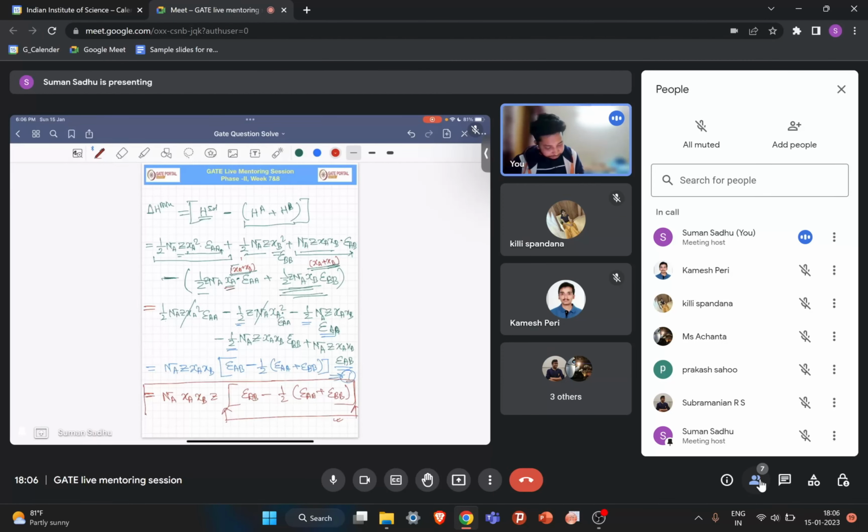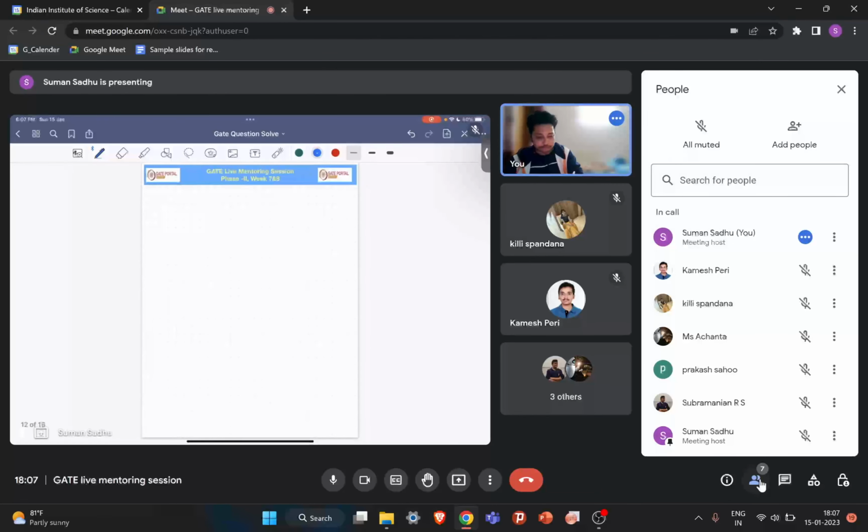Okay, so we can write this as omega into XA and XB. Delta H mix we can write as omega into XA into XB, where omega is equal to Na into Z into epsilon AB minus half into epsilon AA plus epsilon BB. So what will be the final equation for G of solution for a regular solution?